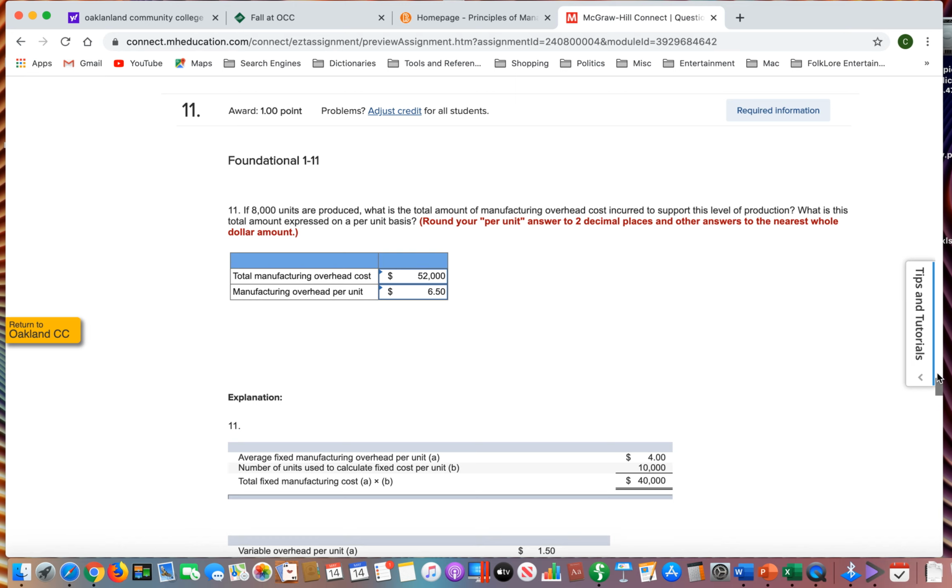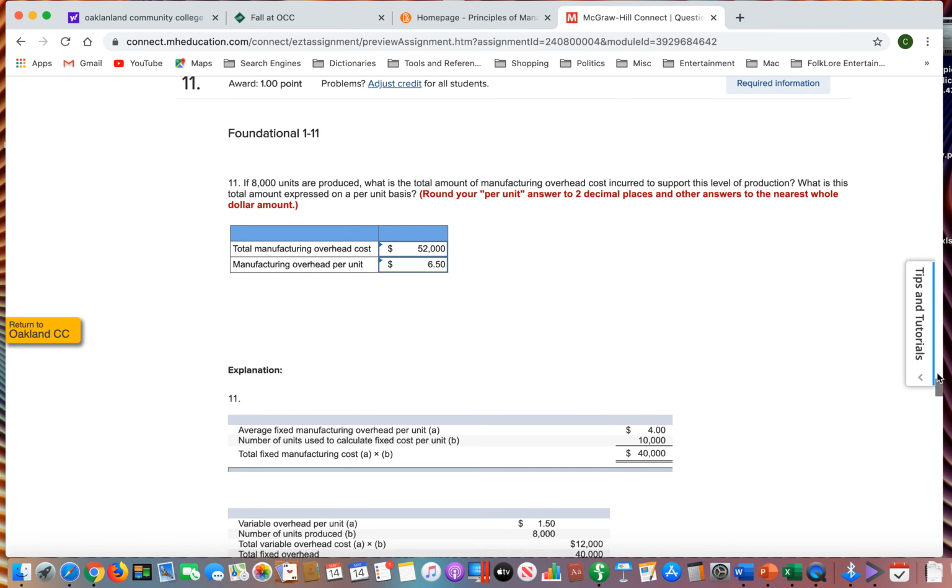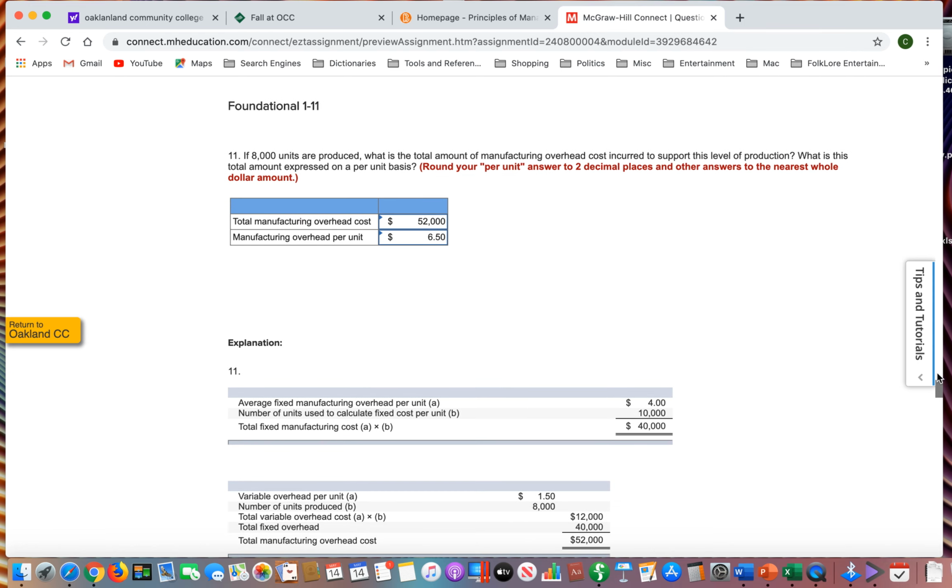But it's asking for the total amount of manufacturing overhead, not just total fixed, but total manufacturing, which includes variable also. The variable is $1.50 per unit. So here you have $1.50 per unit of variable overhead times 8,000 units.